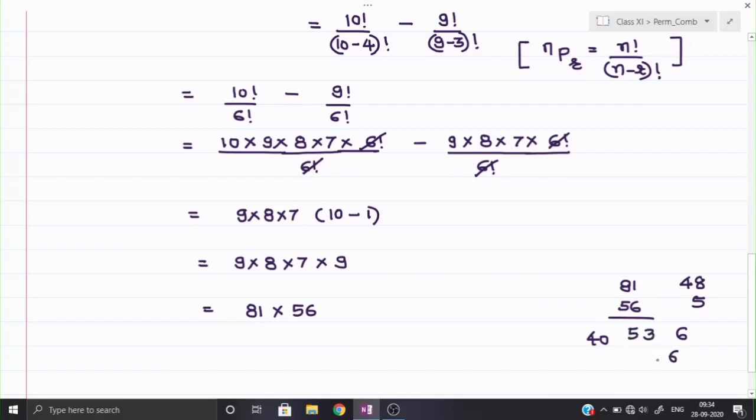So 6, 3, and then this will be 45. So I think I can say the required number of ways, that is, the total 4 digit numbers that would be formed here, is 4536.